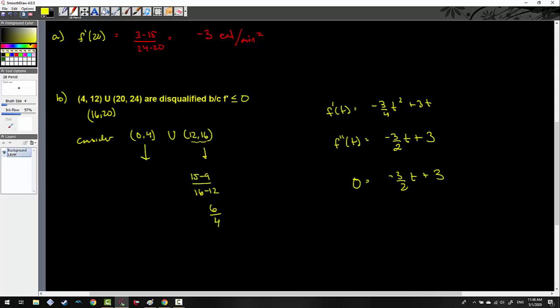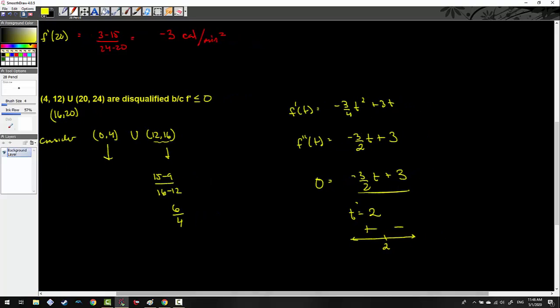And if I look really hard, I'll find out that this happens at t equals 2. Now, how does that help me? Well, in a sign chart, I know that at 2, this will go plus, minus, then linear negative. But now I want to find out how many calories are actually being burned, or the rate of the calories being burned at time equals 2.